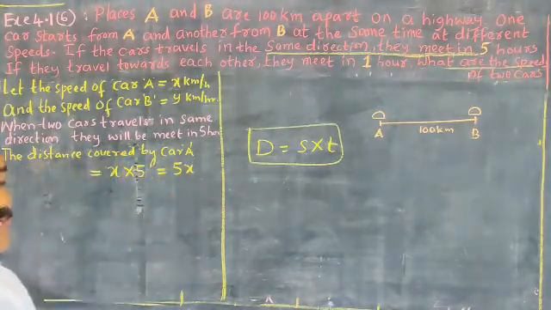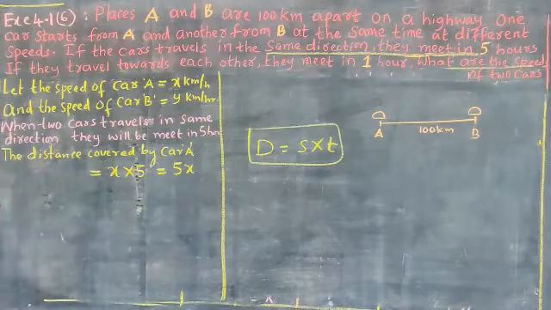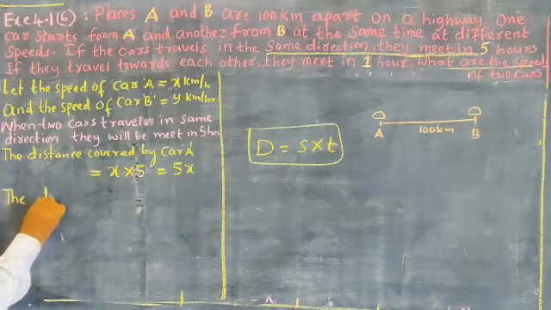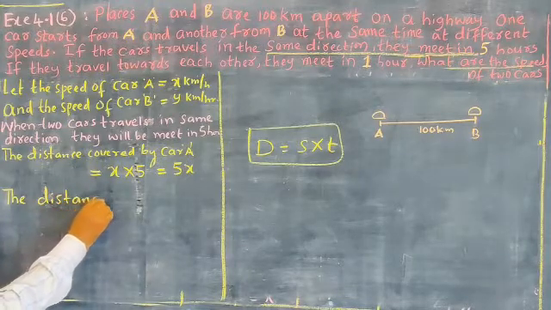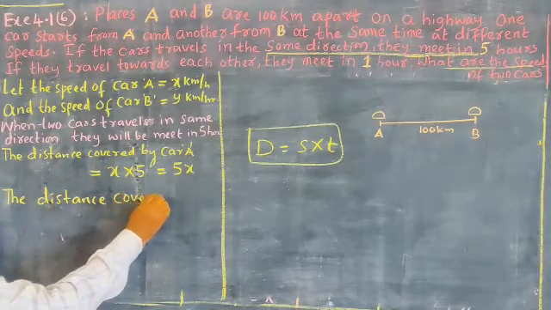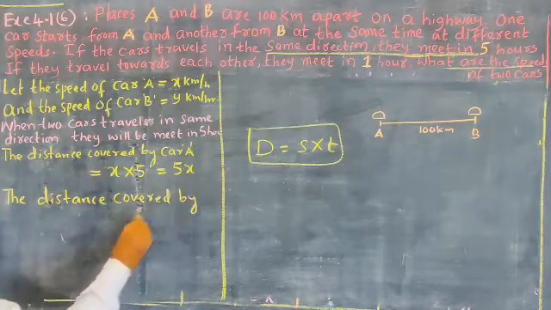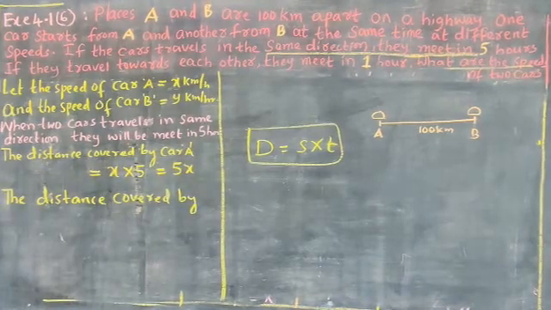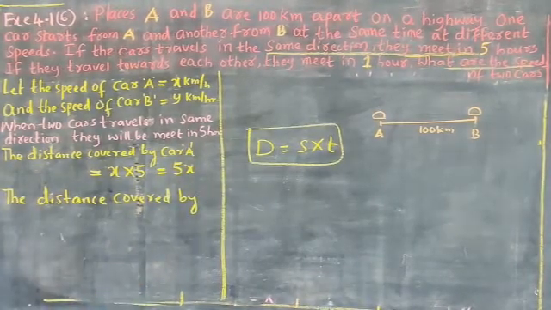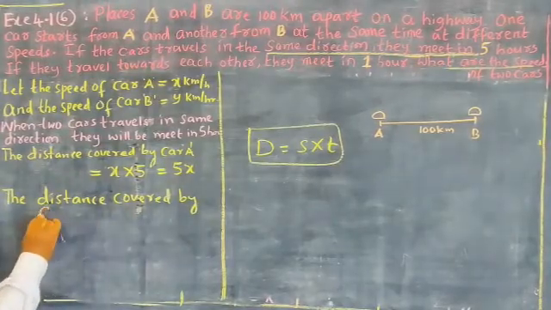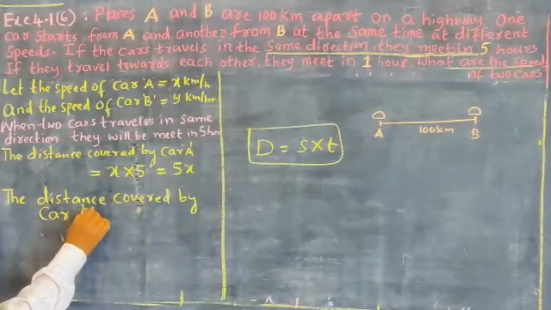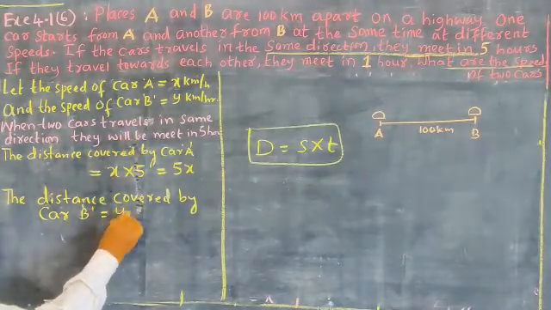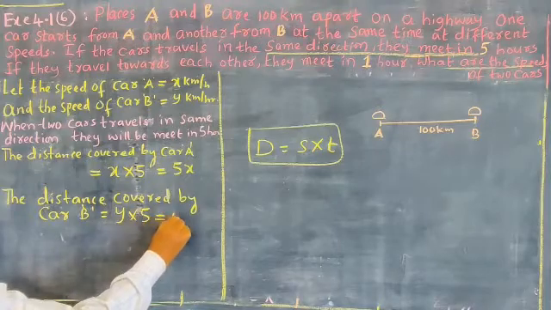How much distance is covered by car A? 5x kilometers. In the same way, the distance covered by car B: the speed of car B is y, time taken is 5, so that is 5y.